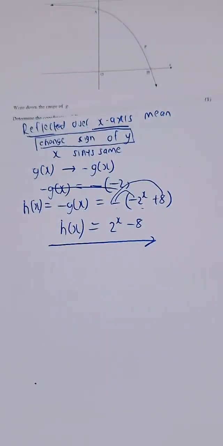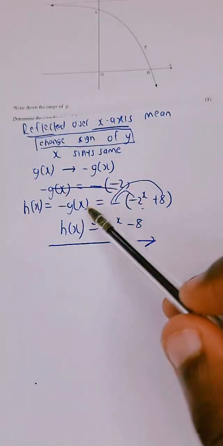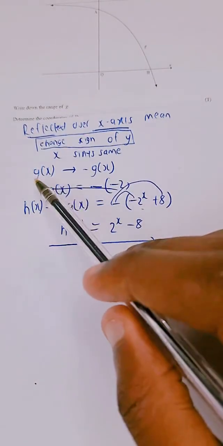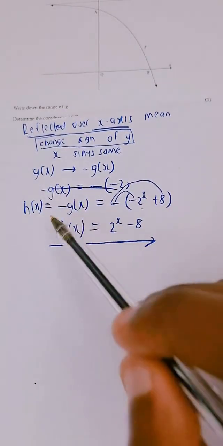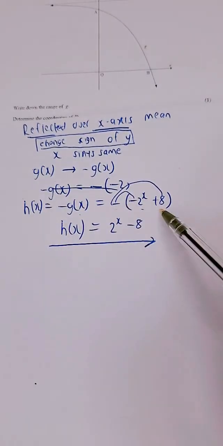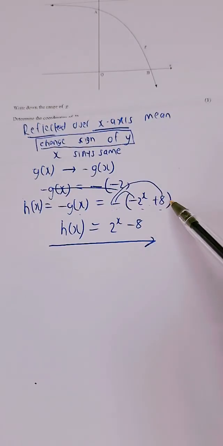Because they are saying h of x is equal to the new function, but how do we find it? By reflecting G of x in the x-axis. So that is going to be negative G of x, which means for the expression of the function, it's negative into negative 2 to the power x plus 8.